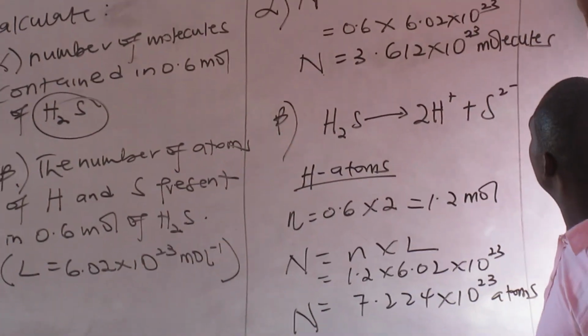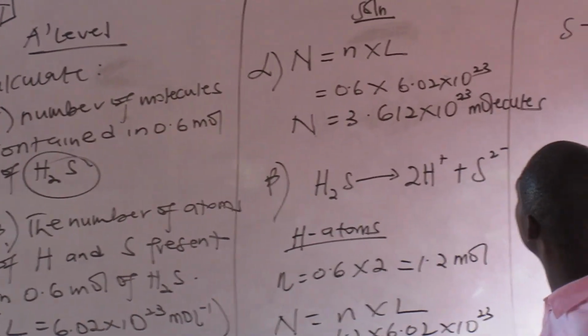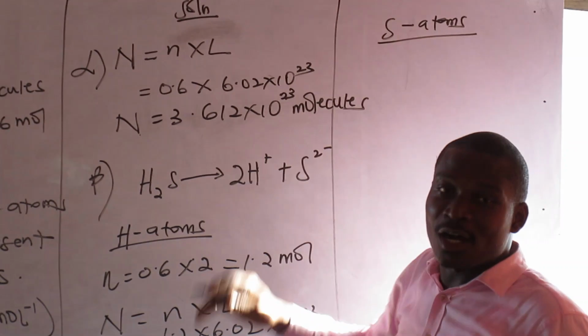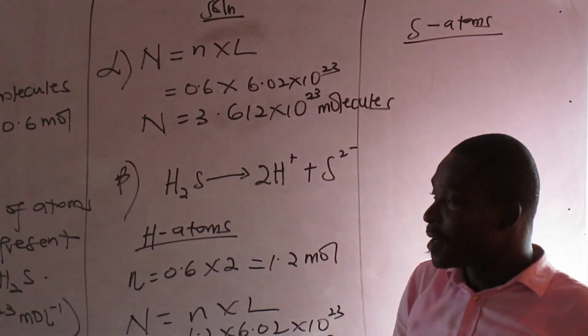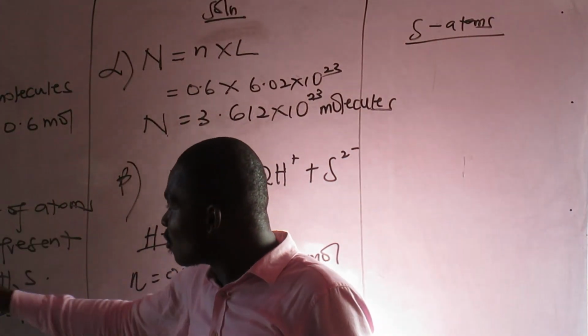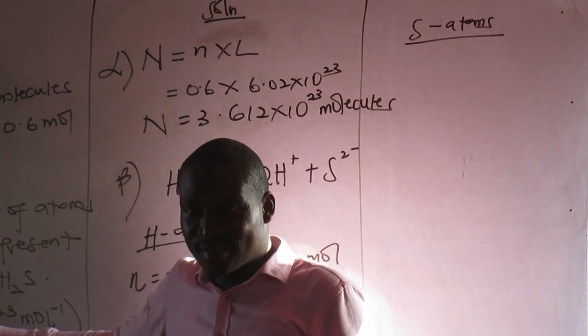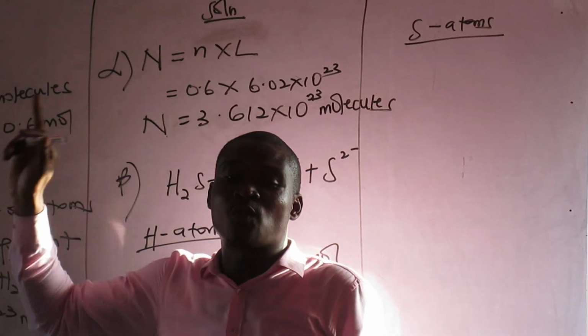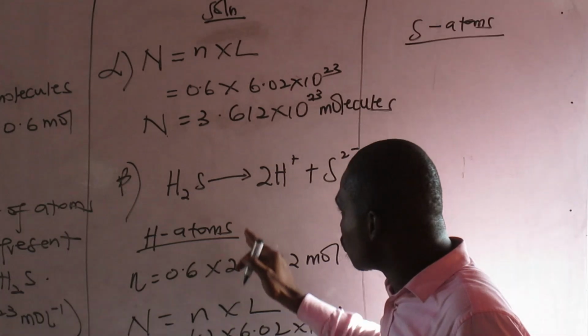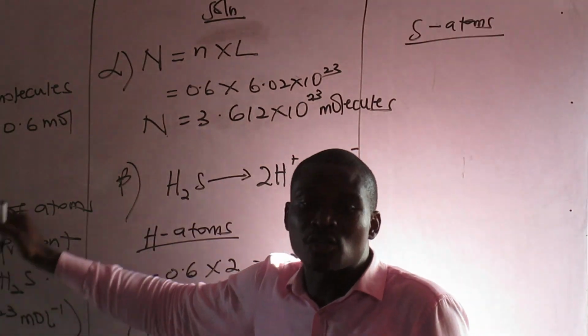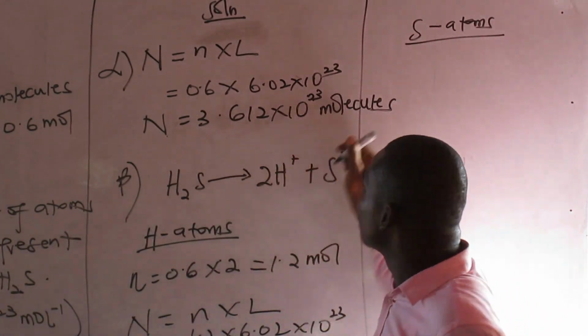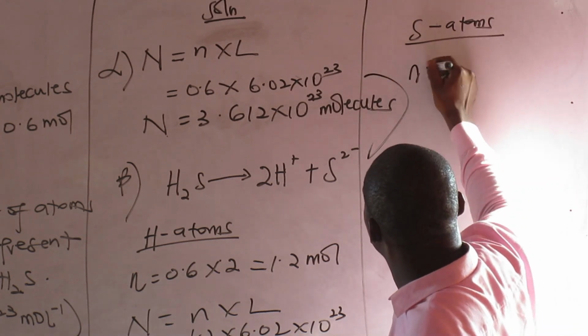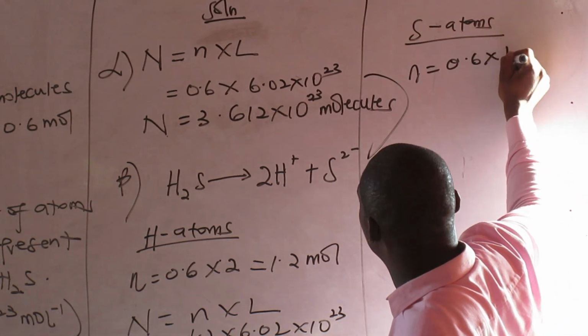Now let's go for sulfur atoms. Here, how many of the sulfur do we have? Just one. Now you were told that the number of atoms of each is present in this. So it is just 0.6 by just one of it. Are you okay? So my number is still 0.6 by just one of that.